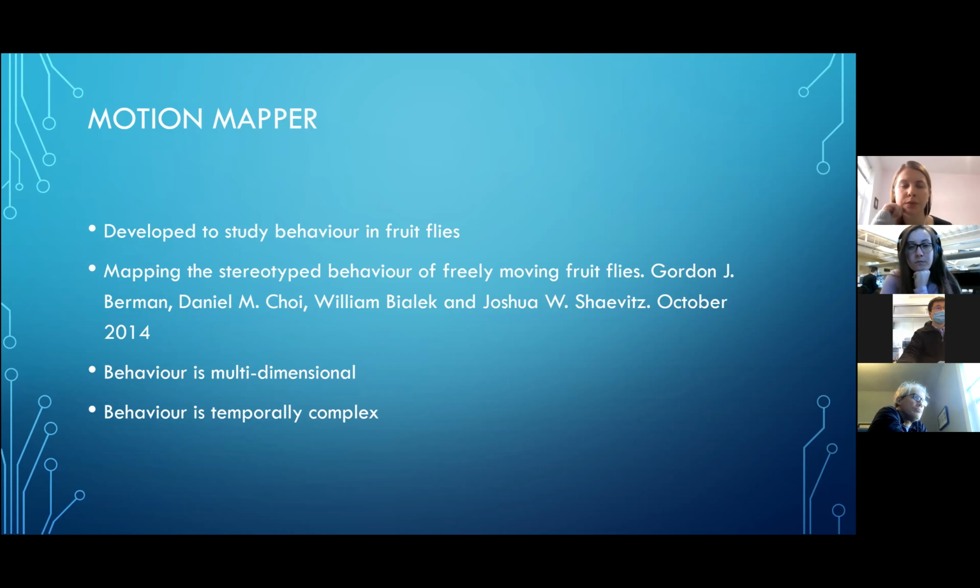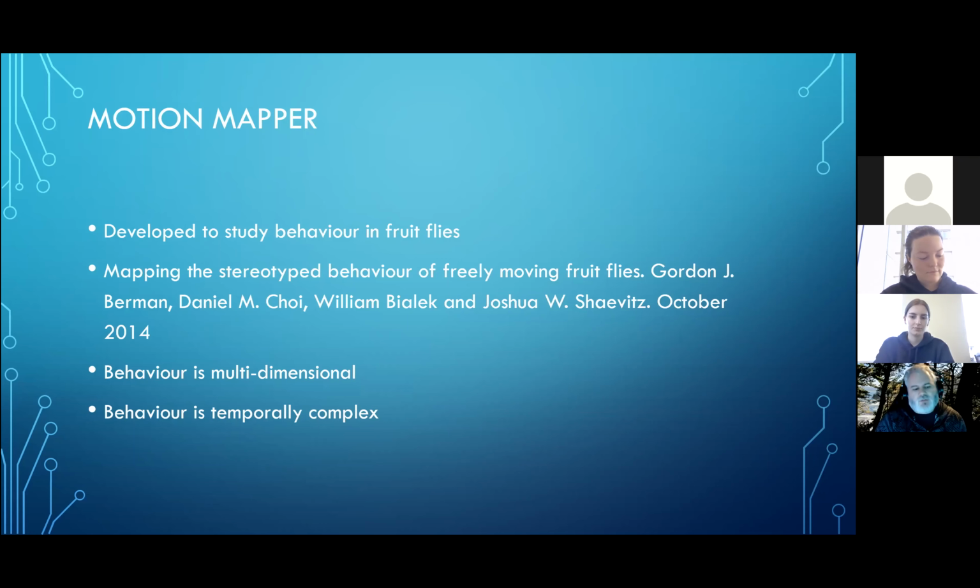There's a paper there. And it was built on this realization that behavior is multidimensional and temporally complex. And what do I mean by that? Well, if you think about behaviors, let's go with our rodent example, which we've been carrying through this, a behavior like grooming. If you think about the features you're tracking, they all are moving at a different stereotypical frequency given the behavior you're interested in.